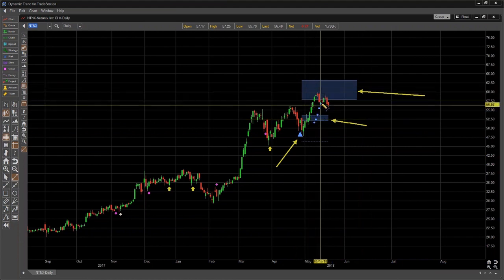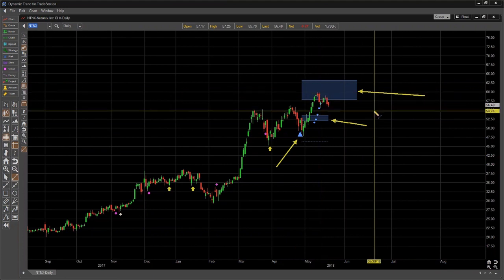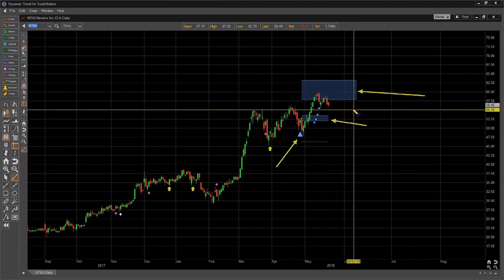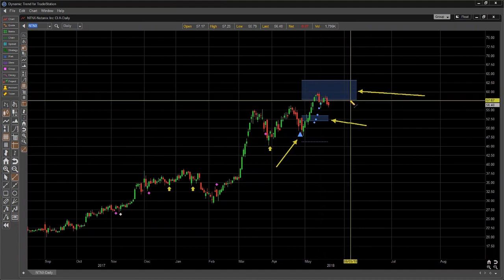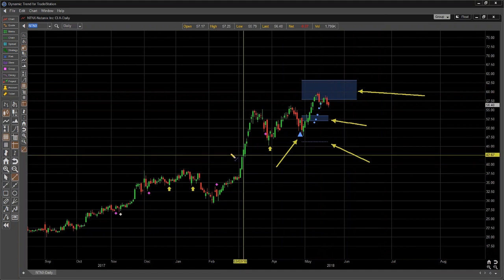And then this upper blue area gives us an indication of when we think that trade is over, not only based on time, but also on price. Of course, at the bottom here, we have these dotted lines. Everyone wants to call these stops when I talk to them. It's not necessarily a stop.